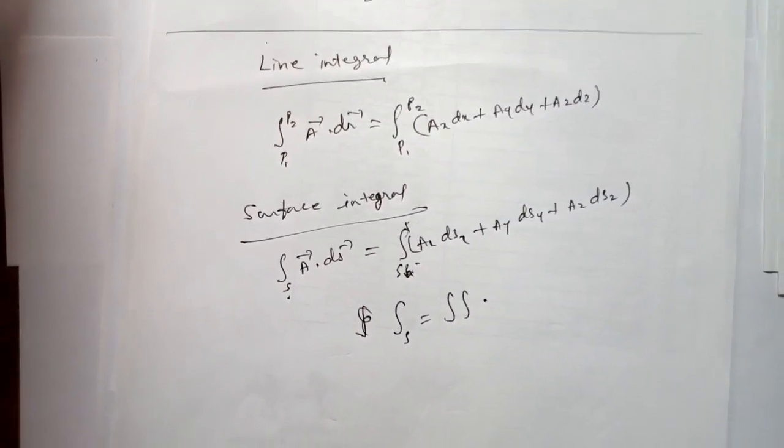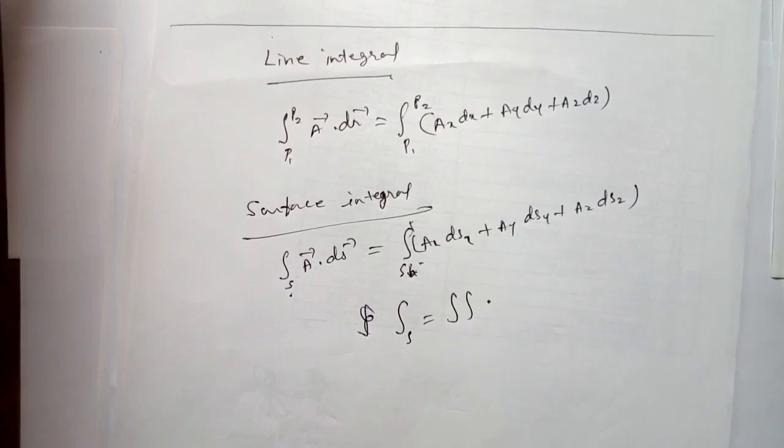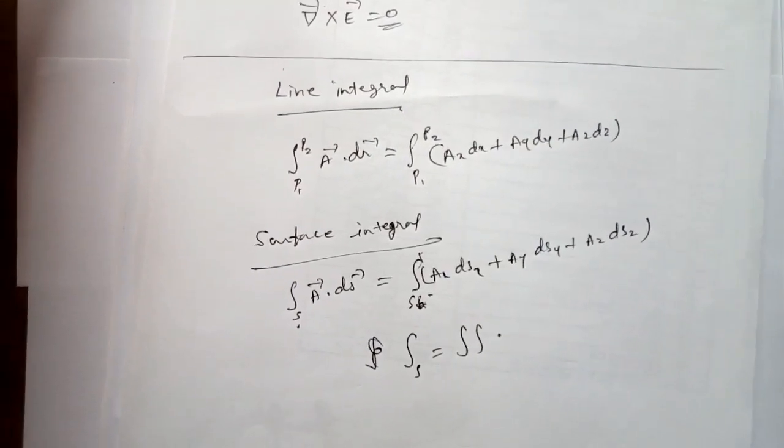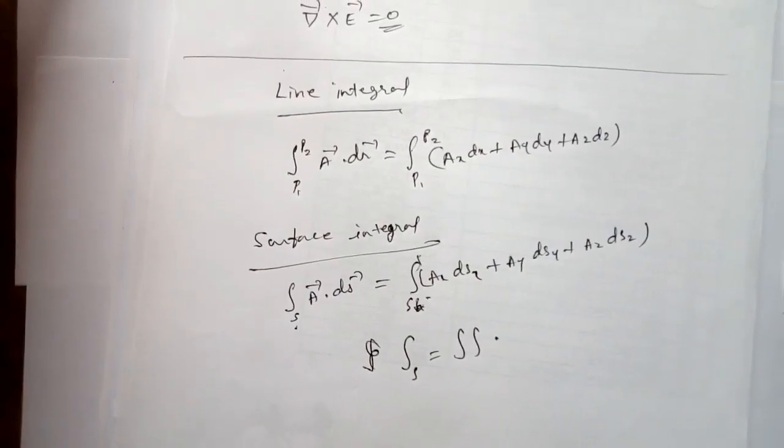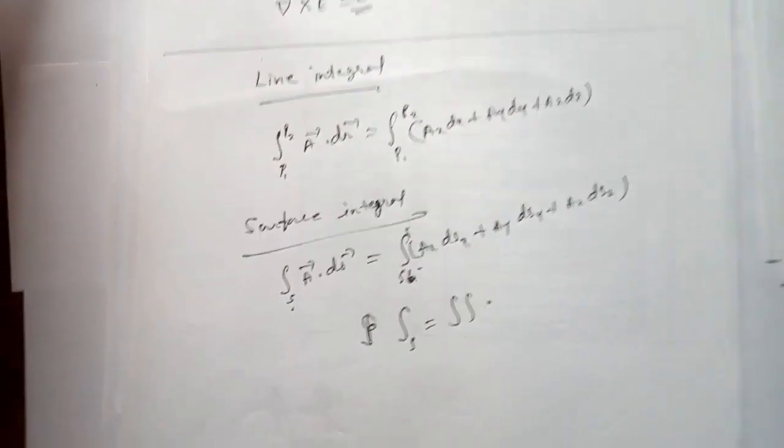The surface integral gives the rate of flow of fluid through a surface, and it can be utilized to evaluate that. Then finally we have seen the volume integral also.